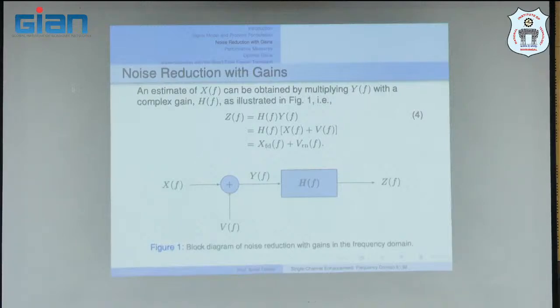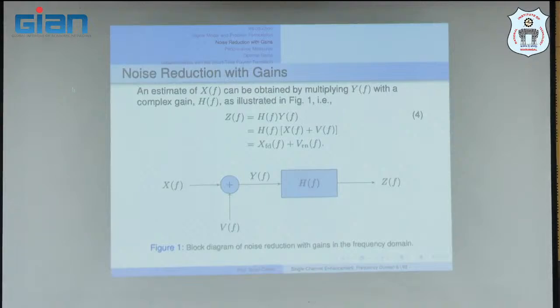If we do noise reduction with gains, it means that we need to find a filter in the Fourier transform domain. So we multiply each noisy coefficient with a certain, generally complex, number. And then we achieve the enhanced signal. So if we multiply with a certain H, for each frequency it's different.